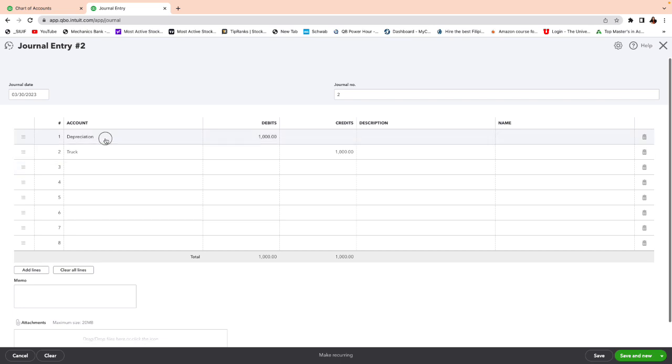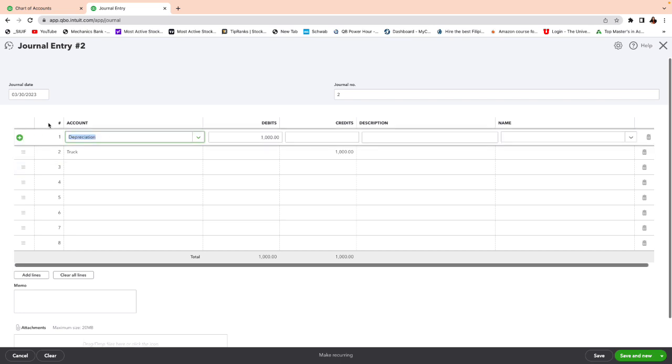So actually, we do have the truck depreciation account here. So let me go ahead and put the sub account of truck depreciation so that this can go to the right account. So if you do have the depreciation for the specific asset, you want to select the right one.